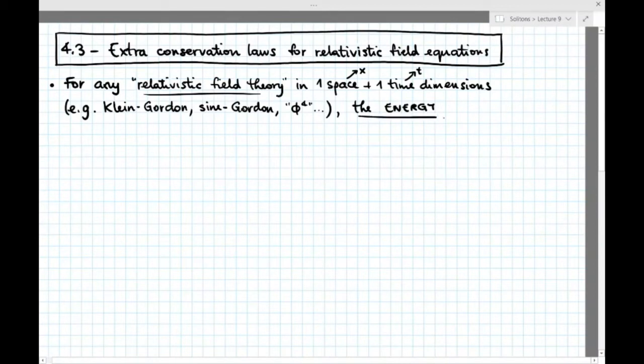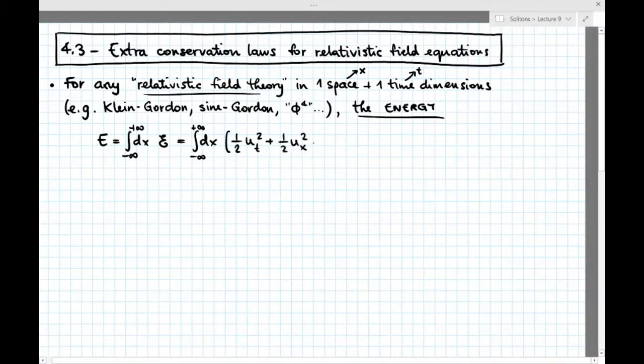the total energy, is given by the following formula. So E is equal to the integral over space of the energy density, calligraphy E, which in turn is given by the general formula, a half u_t squared plus a half u_x squared plus a function V of u.